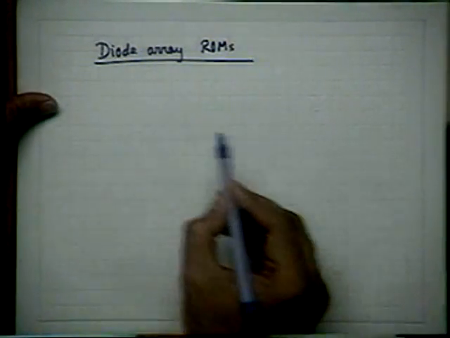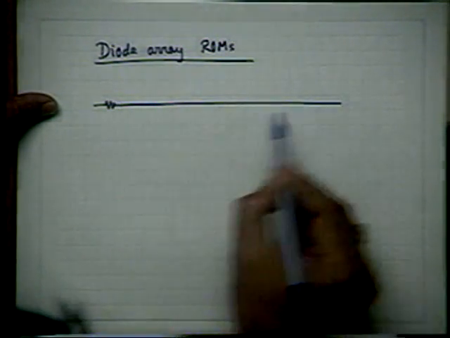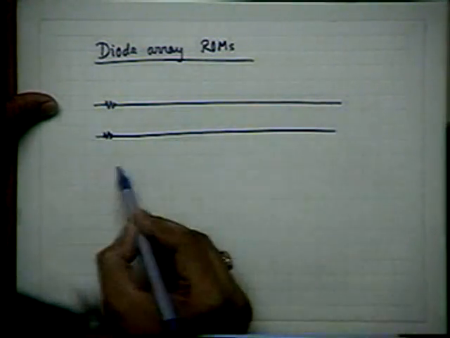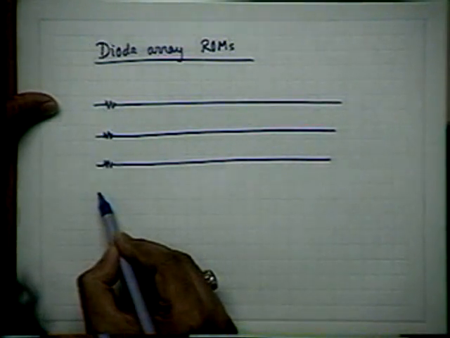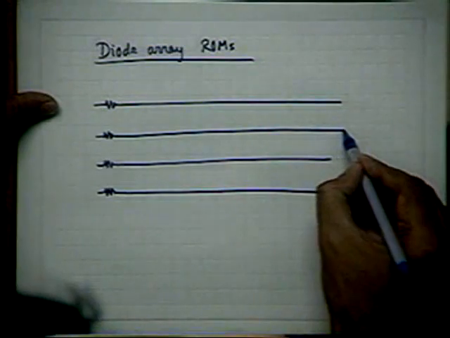Simply what you do, you have a number of rows like this.